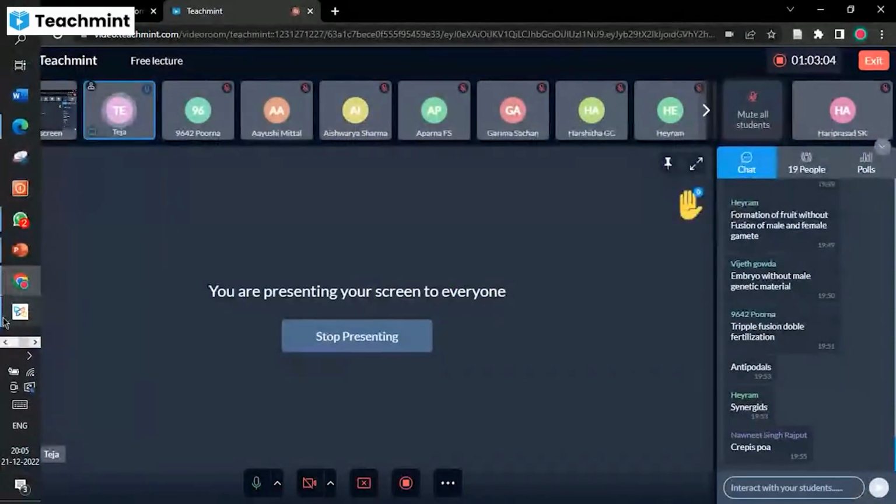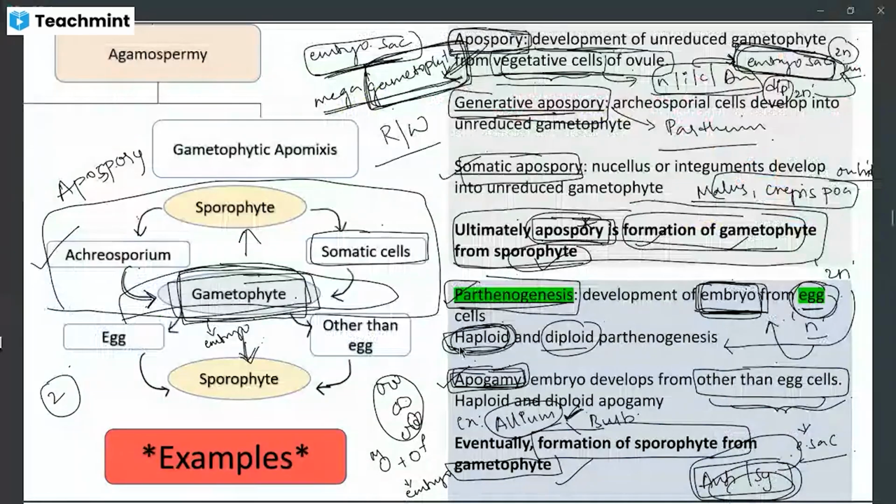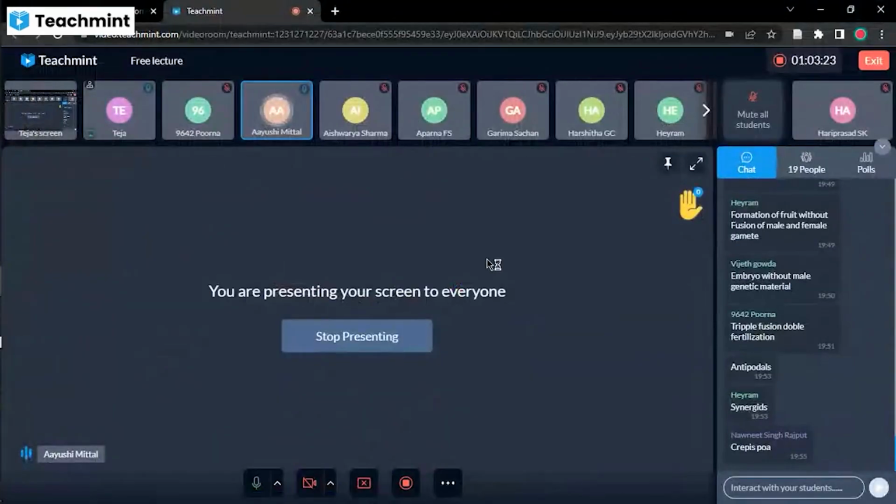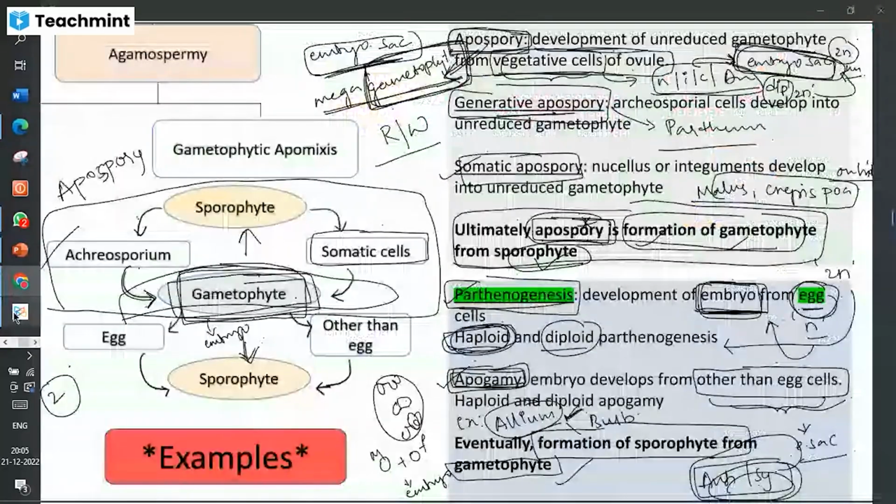No, I discussed two types: one is haploid and one is diploid. So what do you mean by gonial and somatic parthenogenesis? From the egg cell, the haploid one is gonial, and from somatic cells, the diploid one is somatic. Okay. So somatic parthenogenesis is indeed known as apogamy.